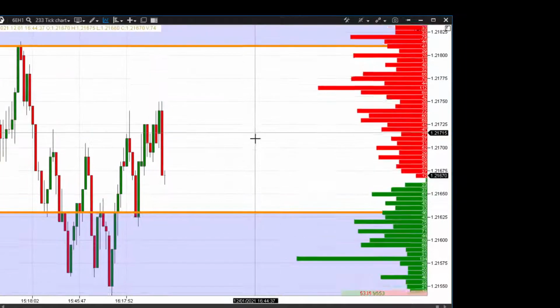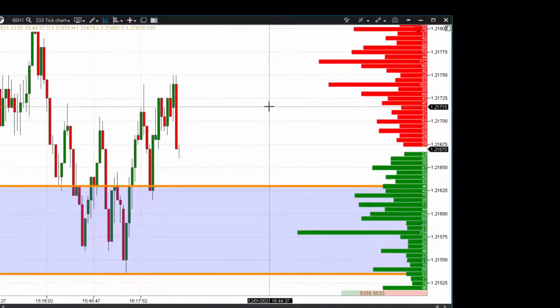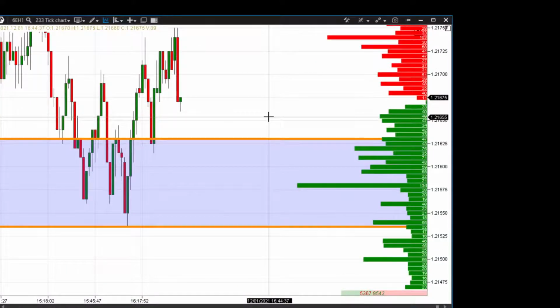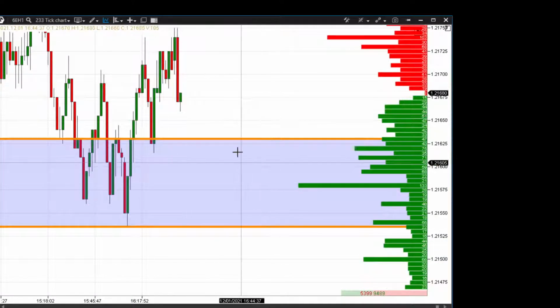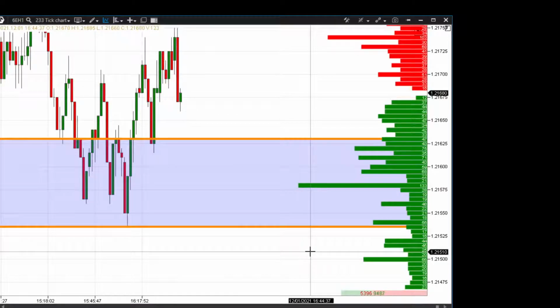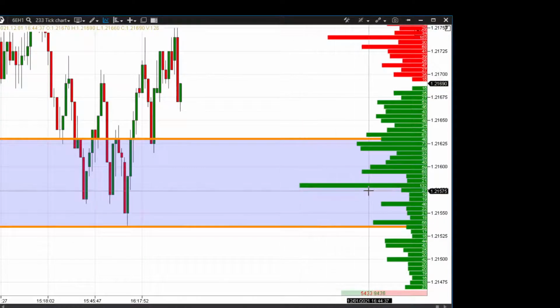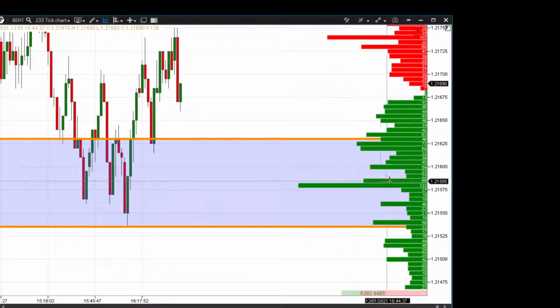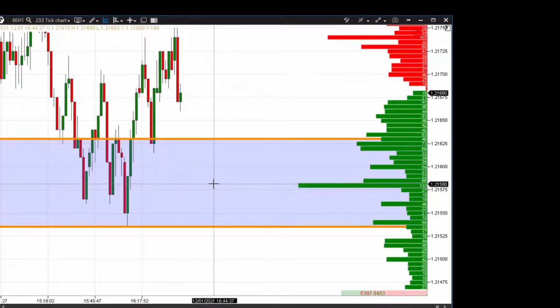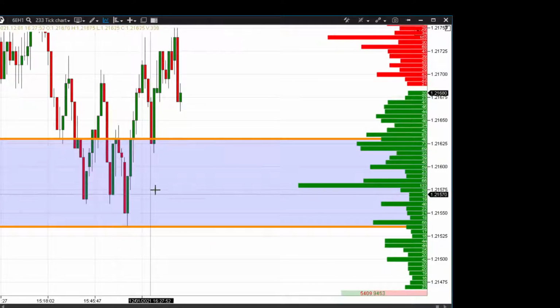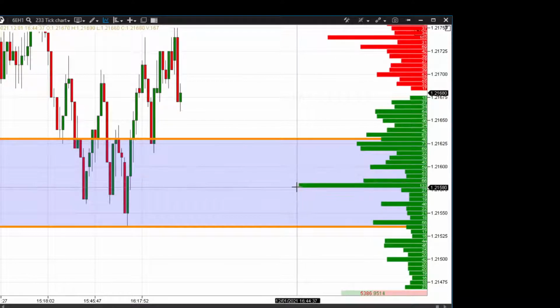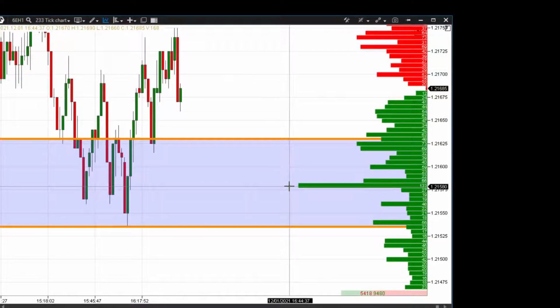But what we were looking for is what the UFO was telling us about this buying area here, and we can find right here, 100. This is the biggest one, 133 pending orders right here. So we now have a precise point where these pending orders are, and we can use that in our favor.